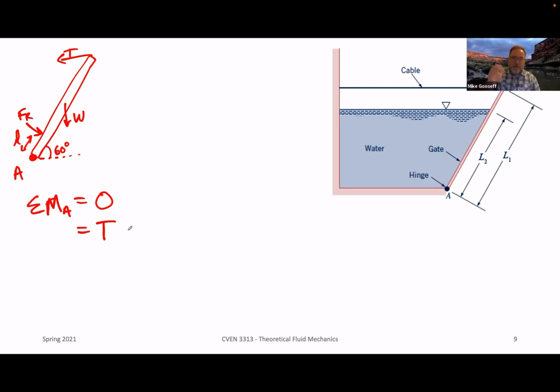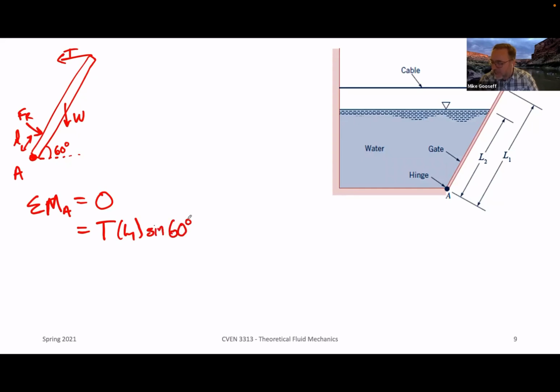I always use my right-hand rule. When I have the forces going in this direction, it's coming towards me. When I have forces going in the other direction, when I wrap my fingers around, that moment is going in the opposite direction. So T multiplied by some L1, in this case it's 8 feet, but I'm just going to write L1, and then times the sine of 60 degrees.